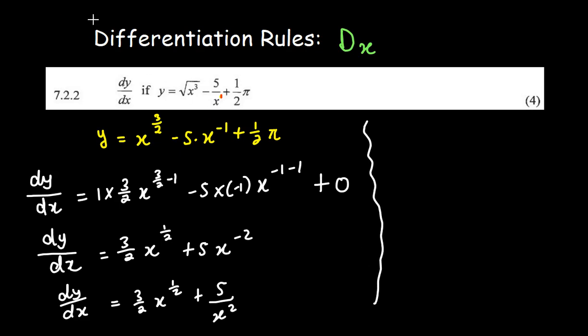You would be having d over dx of x, and then in brackets you would be having x to the power of, in fact let me write it as the one on top, x cubed, then we have a square root there, then we have minus 5 over x, and then plus half pi.